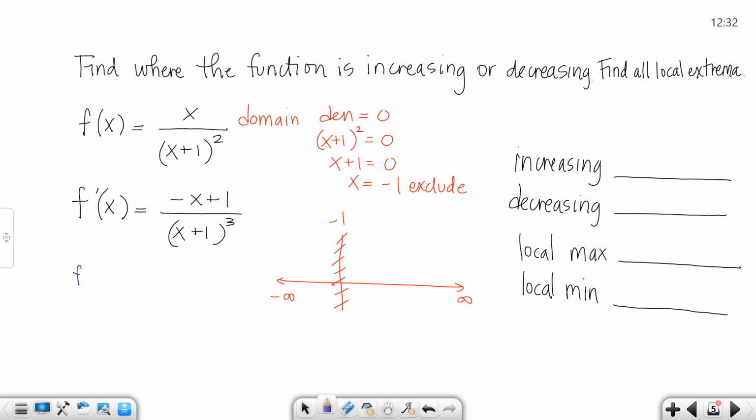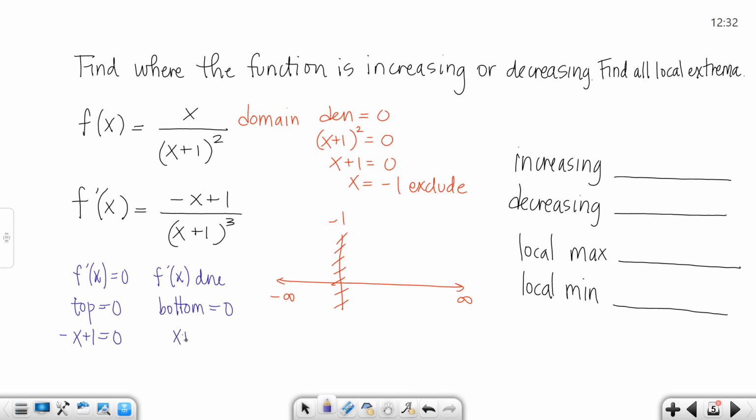After you find the derivative, you have to see where the derivative equals 0, and where the derivative is undefined. The derivative equals 0 where the top equals 0, and the derivative is undefined where the bottom equals 0. So the top is -x plus 1, and I'll set that to 0.